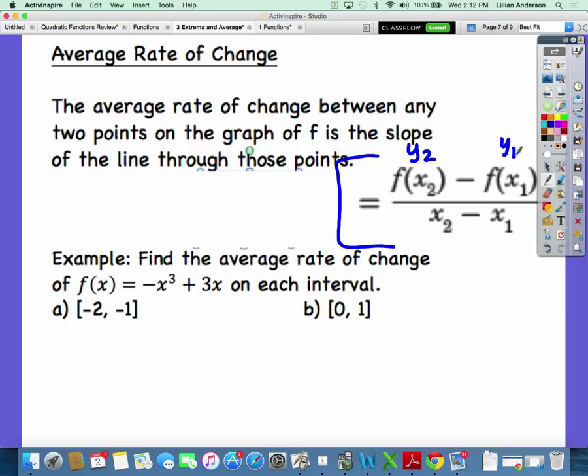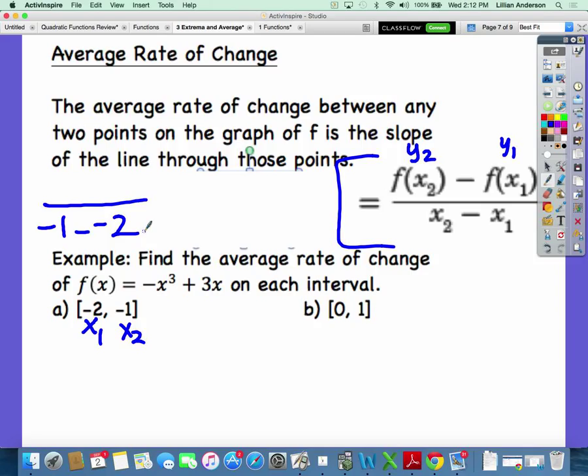Intervals are in relationship to what axis? The x. So this is your x1 and this is your x2. It's not x and y, it's x1 and x2. So you already got the denominator in this problem. -1 minus -2.